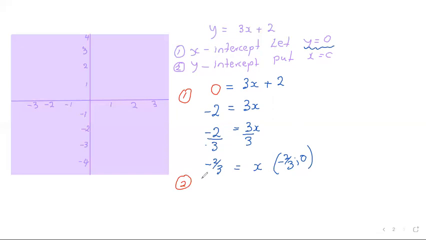Now let's go to number 2, the y-intercept. You let x equal to 0. There's your y there.